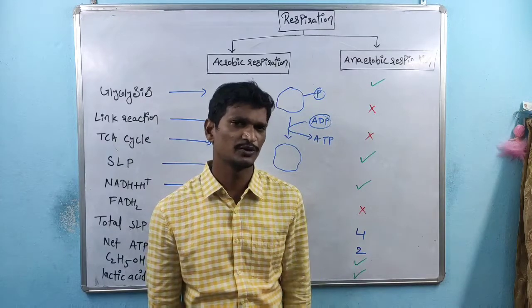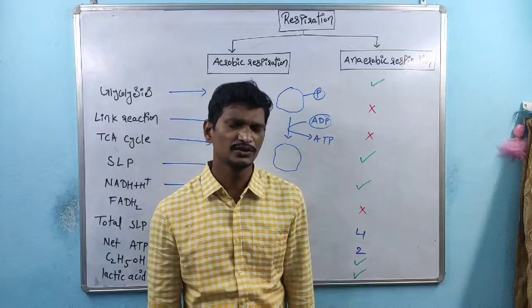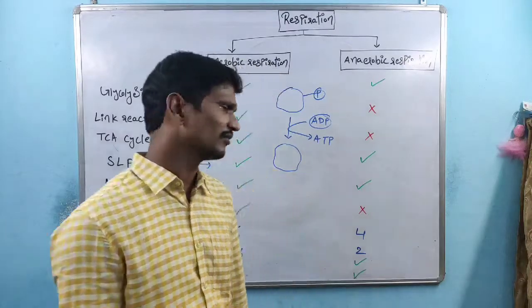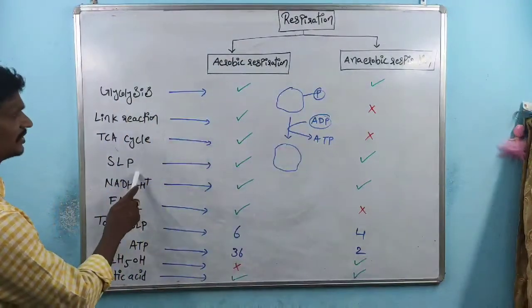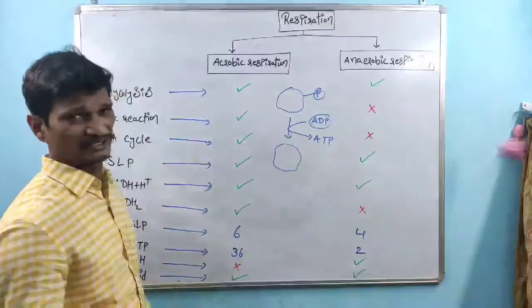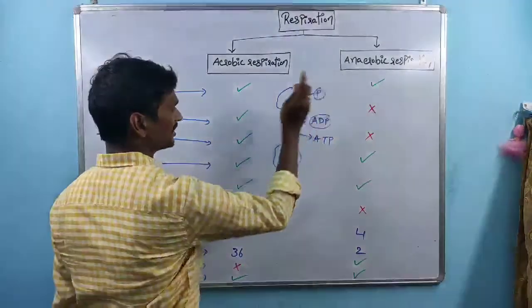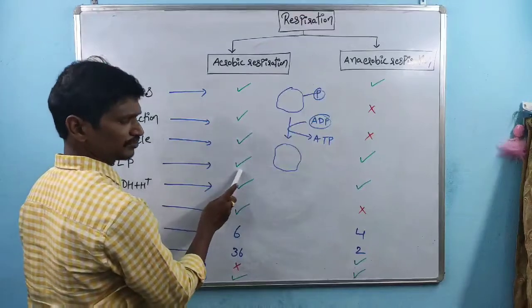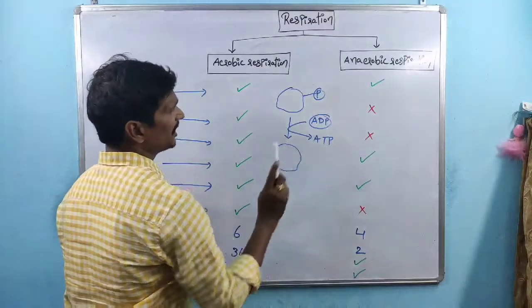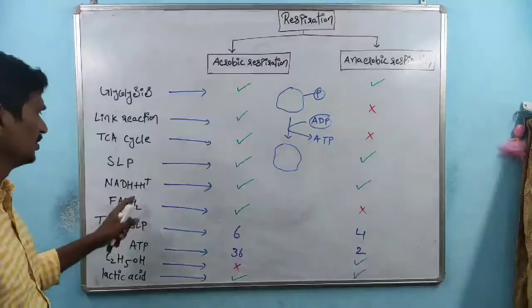So finally pyruvate is produced. That is also substrate level phosphorylation. So SLP occurs in glycolysis, which is present in both aerobic and anaerobic respiration. So substrate level phosphorylation is also present in both, right?